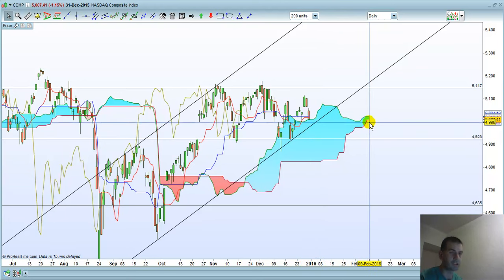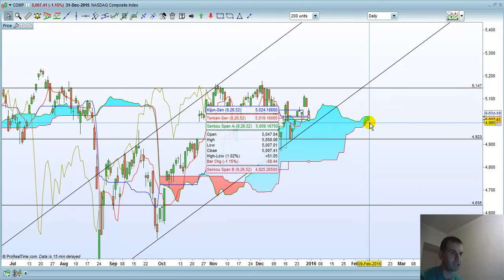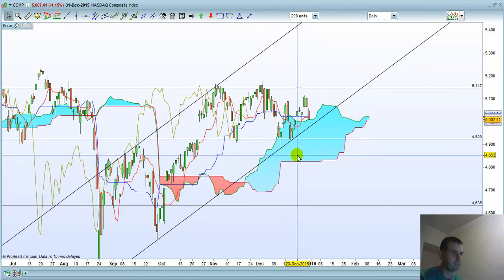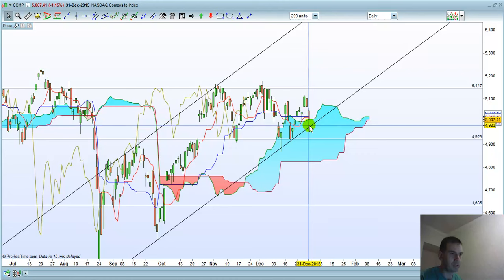The future cloud is crossed in the bullish direction, and the price approached the cloud, and just now it starts to plunge into it, to go down.